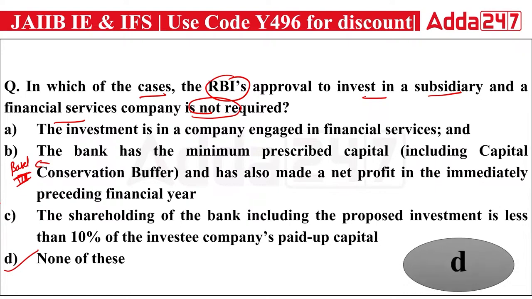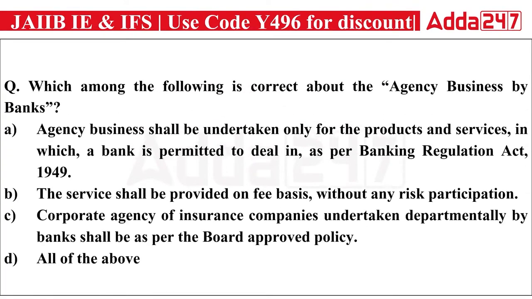Okay, now the next question we have: which among the following is correct about agency business by banks? Which of the following is correct about the agency business by banks?